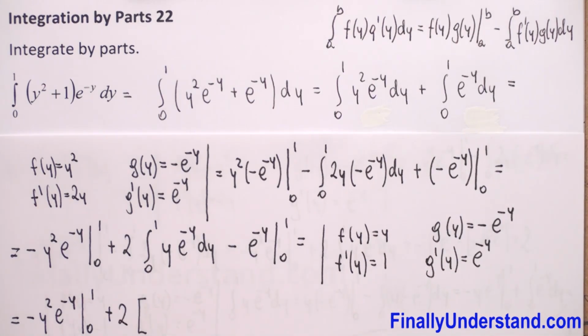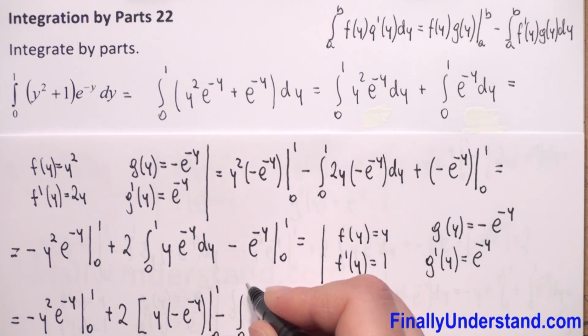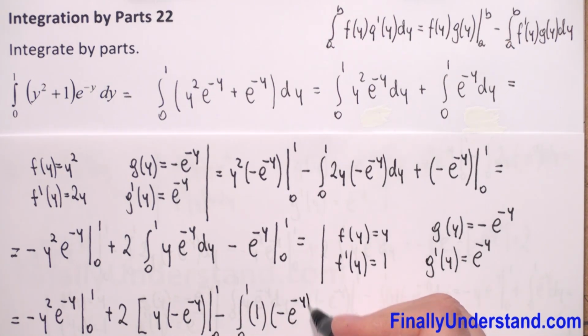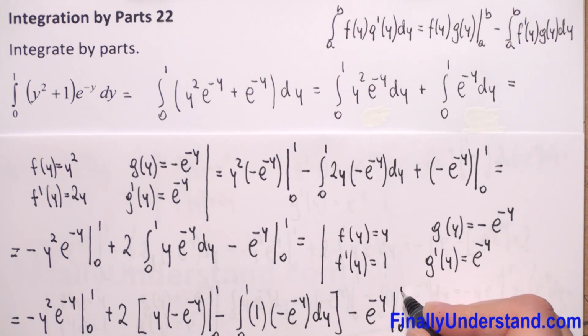So first we have to put f times g, so it will be y times negative e to the power negative y, minus, of course we have to put limits from 0 to 1, minus the integral from 0 to 1, and we have to put f prime as 1 times g, which is negative e to the power negative y, dy. Of course, close brackets, and we have minus e to the power negative y with limits from 0 to 1.